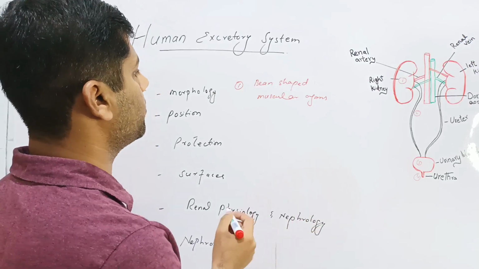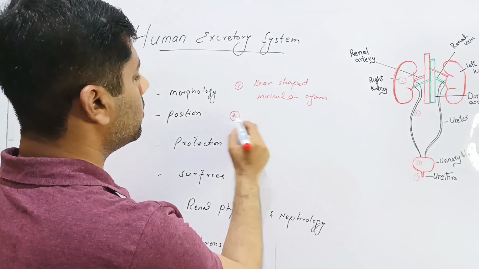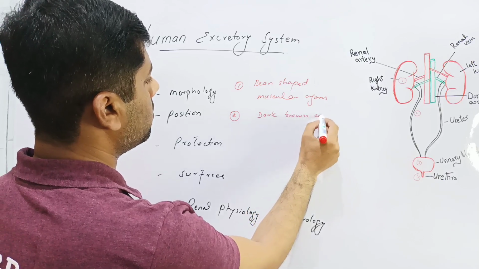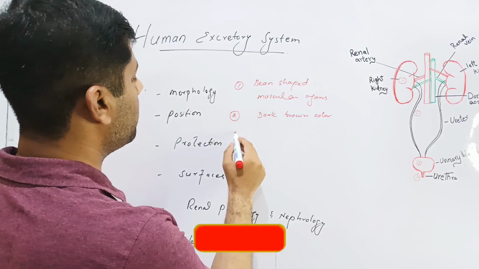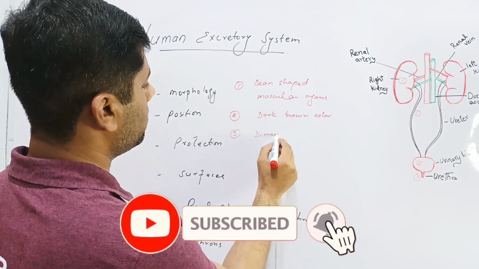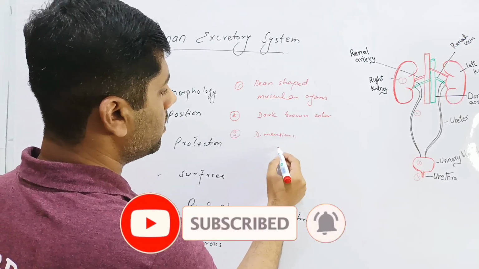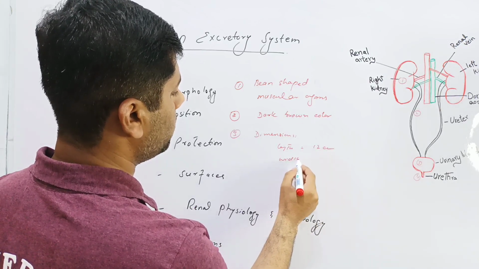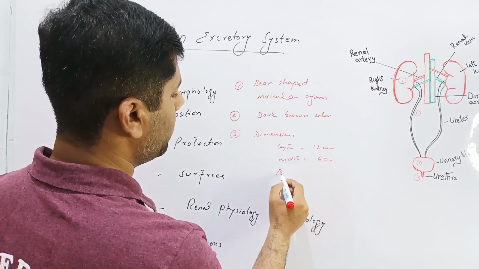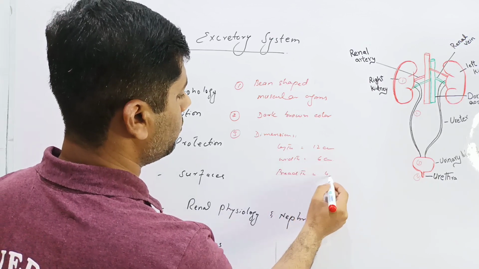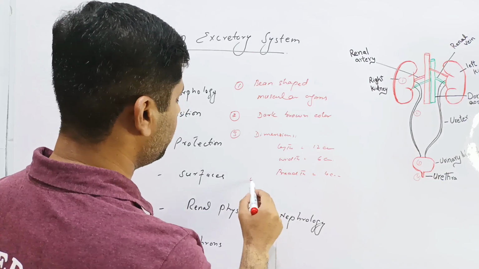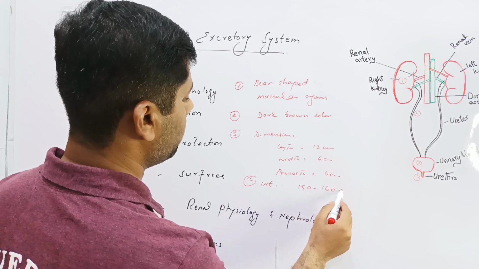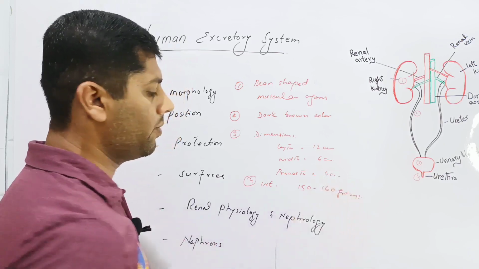They are dark brown in color, and their size is: length 12 centimeter, width 6 centimeter and breadth 4 centimeter, while the weight of the kidneys is 150 to 160 grams in an average individual.